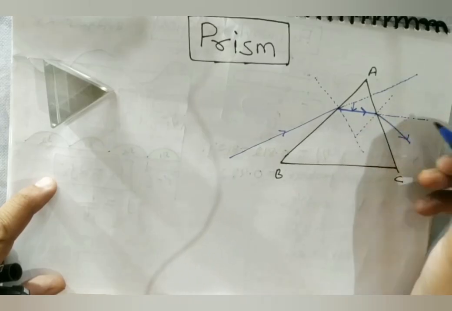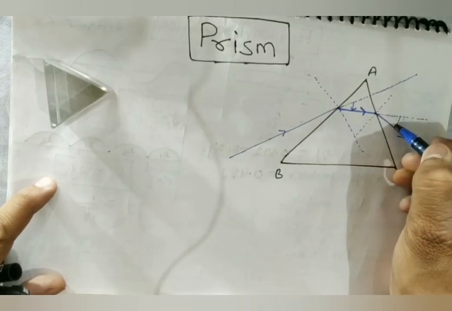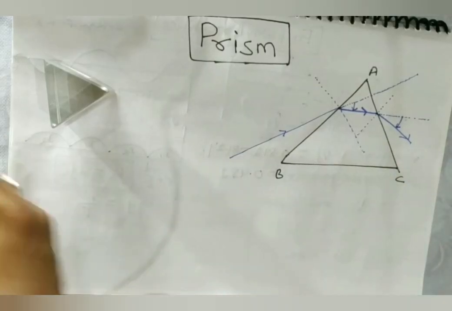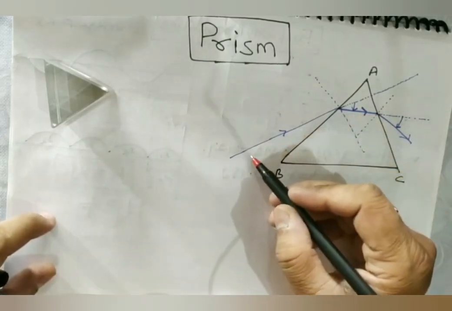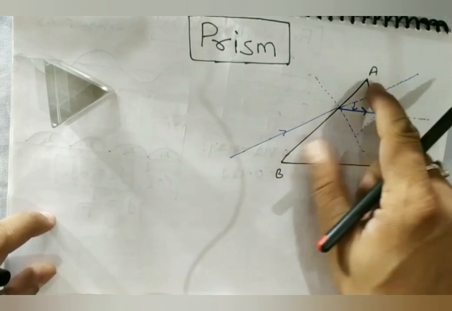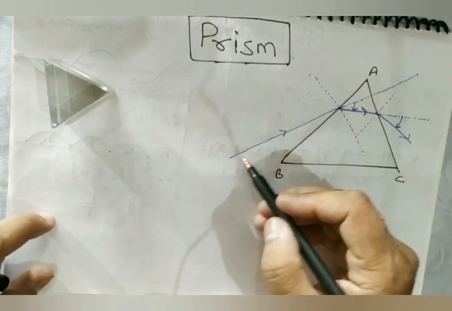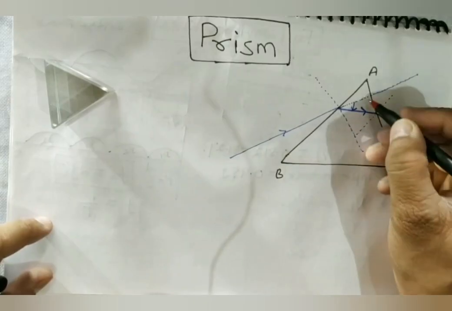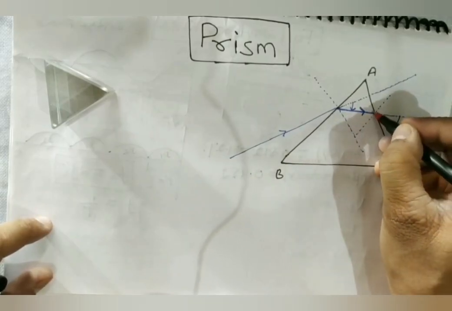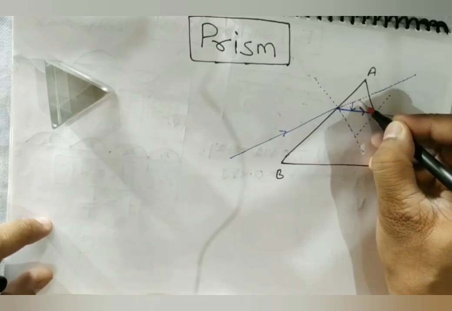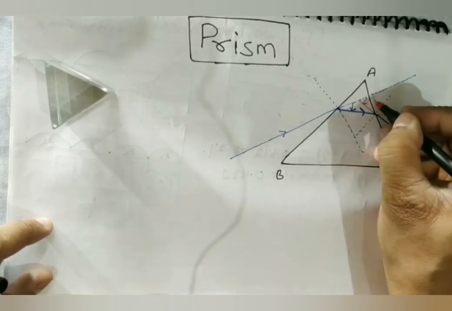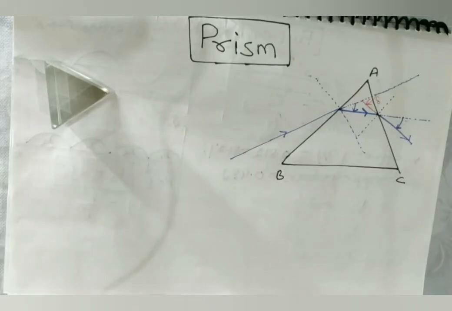That means in this case, the deviation is this. Now we have to calculate the deviation. The actual path before entering the prism was this, and this ray is going out. So if I extend this line, this will be the total deviation produced by the prism.